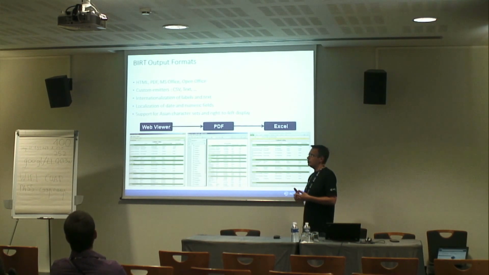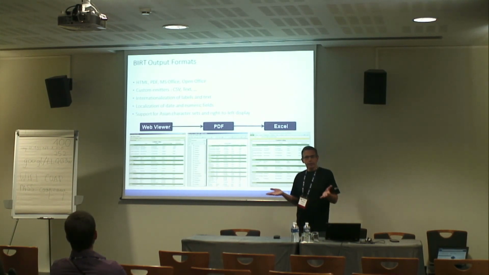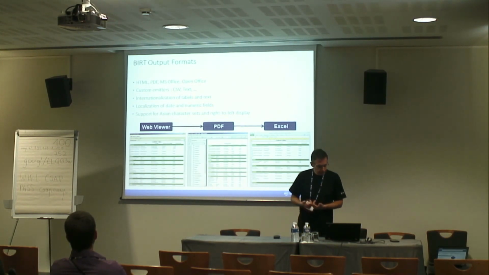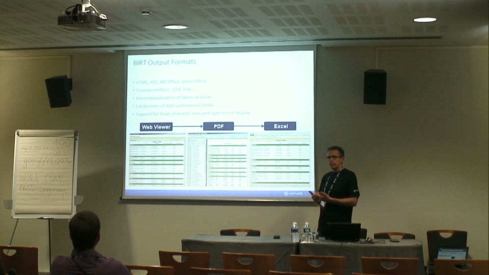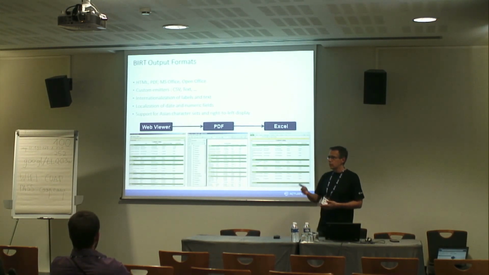So what type of output formats do you get with BIRT? You create a report design, and then you execute it, and then you get something to view. Of course, there's going to be a web viewer. We provide a web viewer for looking at reports, like a paginated web viewer.